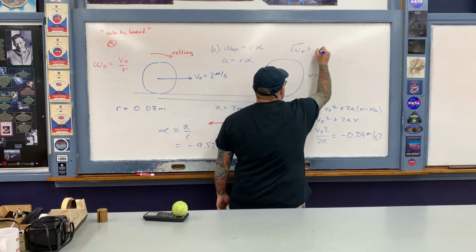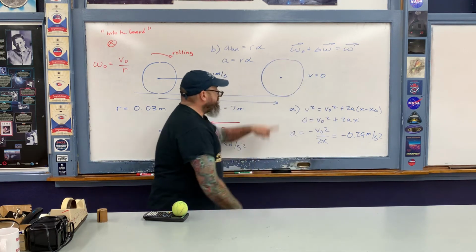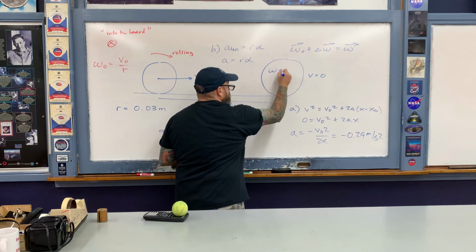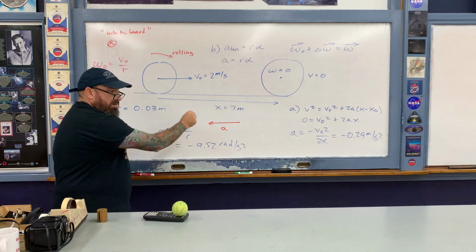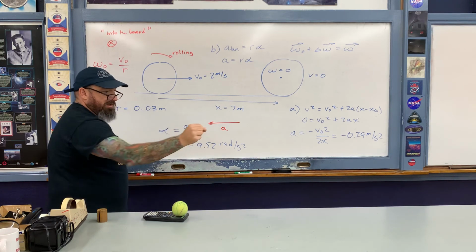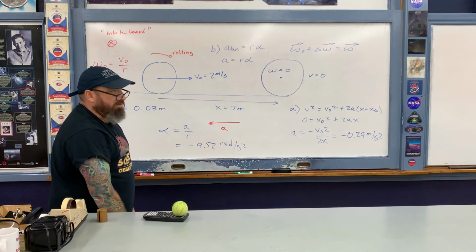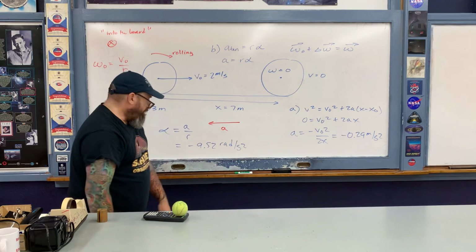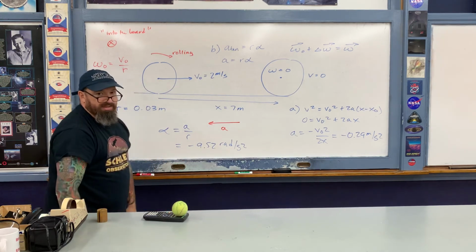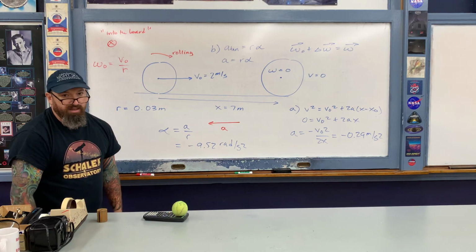Omega naught plus delta omega is equal to omega. The final value of omega is equal to 0. The delta omega vector points out of the board. Therefore, the alpha vector points out of the board. Hence, the negative sign associated with that quantity.